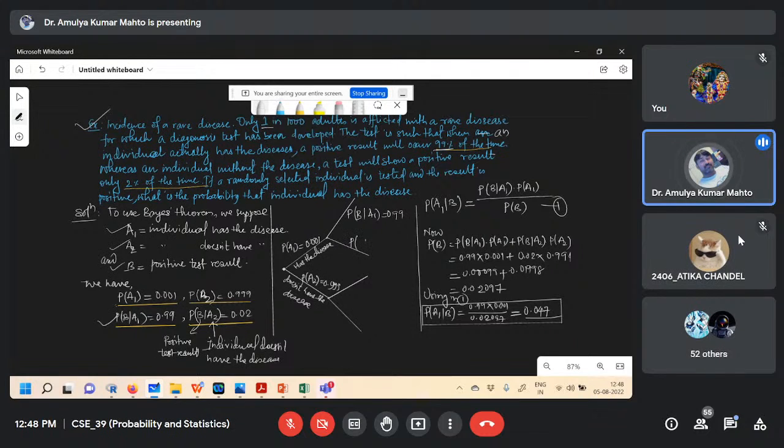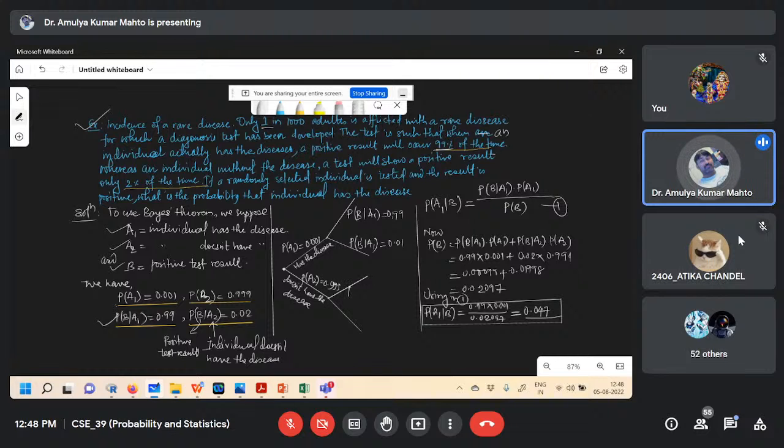And given that the person has the disease and the result is not positive, that is the error. So the error is 0.01.